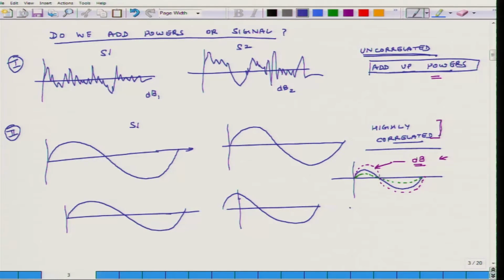So, here also what I can do is add up both the signals. So, this is one signal and the other signal is like this, and then I add up both these signals.